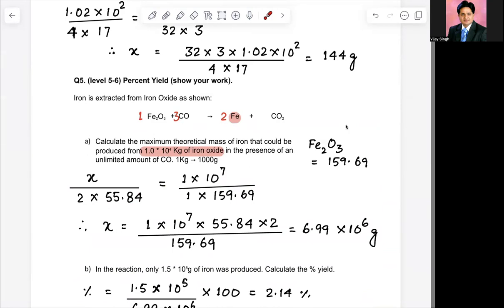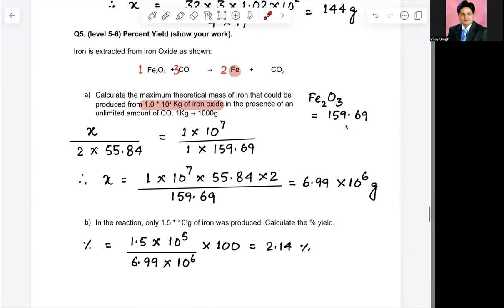That is equal to the mass of iron oxide, which is given to be 1 times 10 raised to the power 4, but that's in kg, so you convert it into grams. So 1 times 10 raised to the power 7 divided by the coefficient, which is 1, times the molar mass, which is going to be 159.69. That's the molar mass of Fe2O3. You solve for X and you get 6.99 times 10 raised to the power 6 grams.